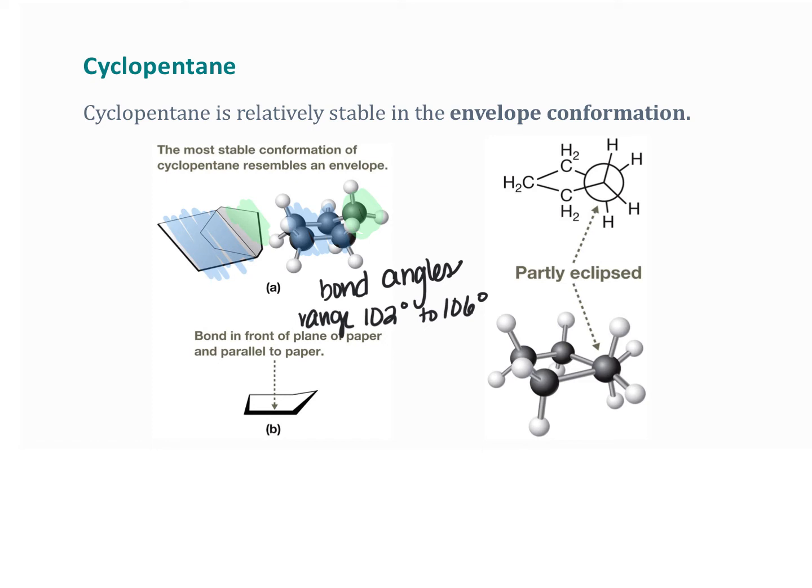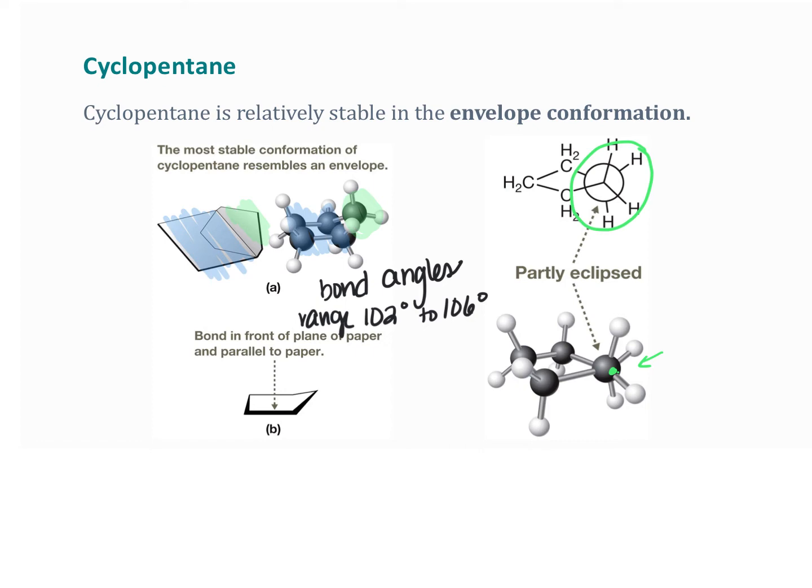You'll also notice that we've got one bond that is partially eclipsed. Looking at the Newman projection here, we're looking down this bond, and then there's a bond right here in the back, and that gives us a partially eclipsed configuration, which also helps with this really stable configuration.